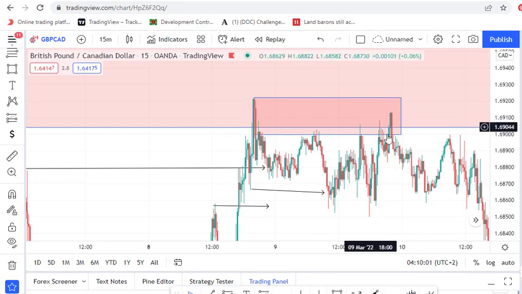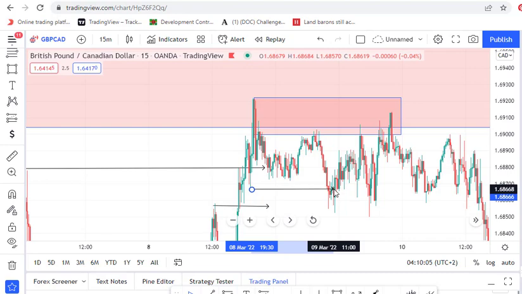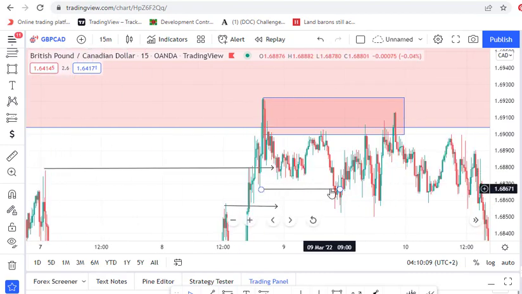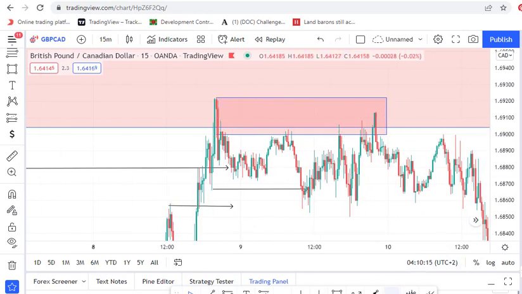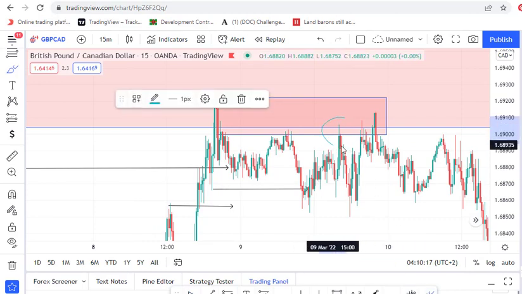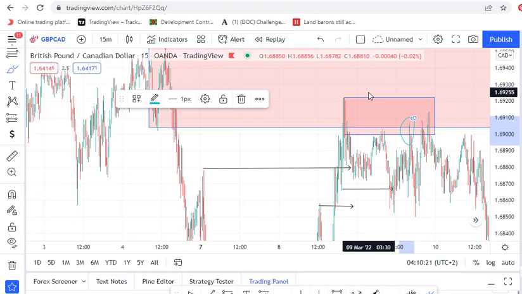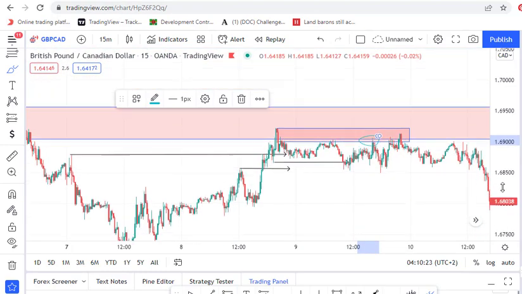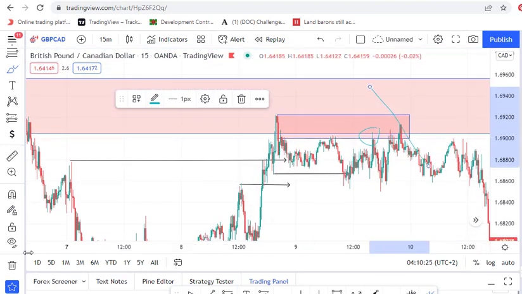So your entry here would be at this point. What comes first is the break of structure or the change of character, which is this one. This move that retraces back to the order block is what you are going to be using as your entry. So your entry is going to be this pin, and the stop loss obviously is going to go above those highs, right?